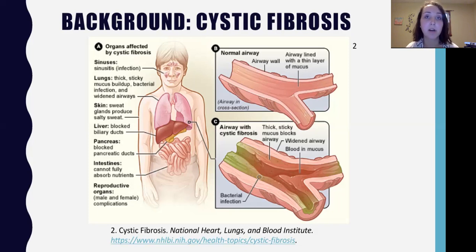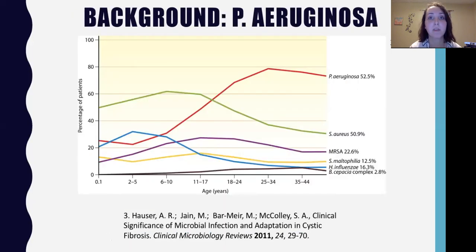As I said earlier, the membrane channels that are affected don't allow chloride ions to go where they're supposed to go, and other ions compensate, and this causes water to leave the airway, and it leaves us with this dehydrated, sticky, thick mucus, which is a breeding ground for bacterial infections. And that's where Pseudomonas aeruginosa comes in.